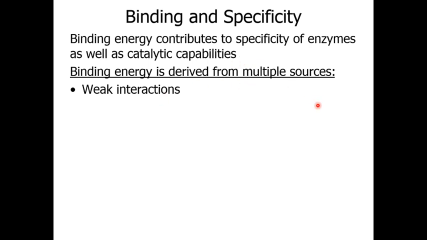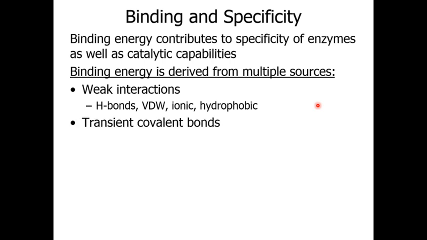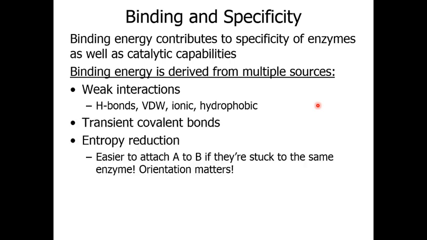Binding energy is derived from multiple sources. For example, weak interactions. What are those? Hydrogen bonds, hydrophobic interactions, ionic interactions, or salt bridges, and van der Waals forces. Right? Transient covalent bonds, the ones that we talked about for acylation reactions and stuff like that. Entropy reduction.